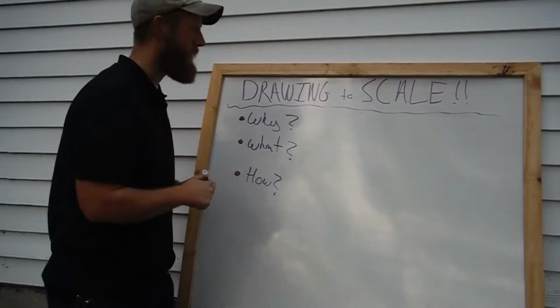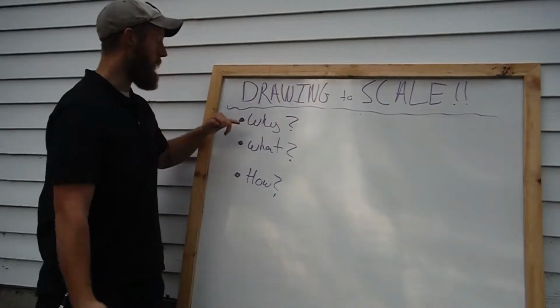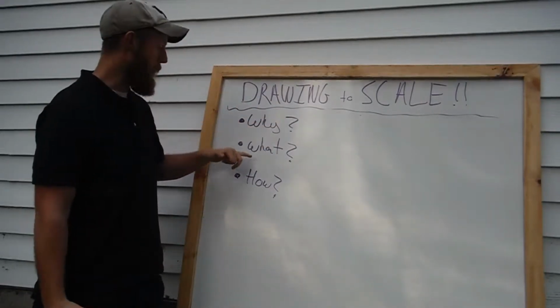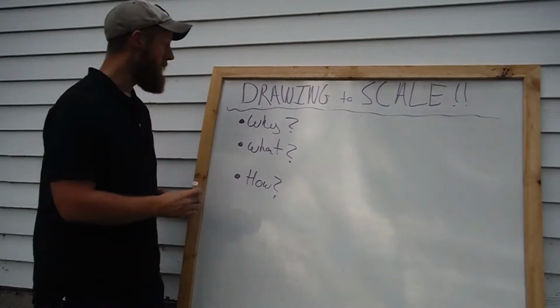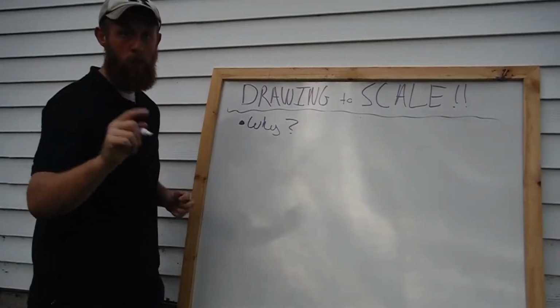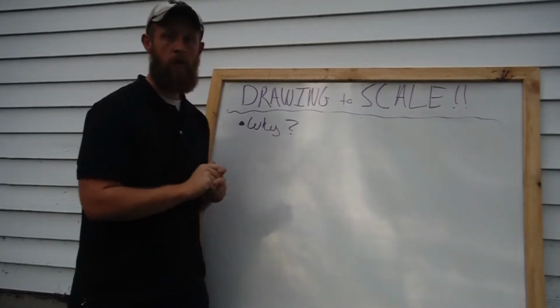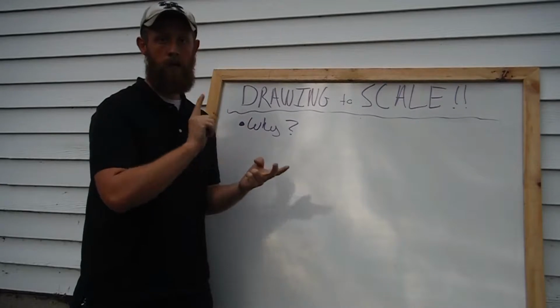Yes. Positive, good. Alright, so today's video is all about drawing to scale. We're going to talk quickly about why that's important, what that means, and how we do it. So, real quick, start with the why. It's important for two reasons. One is so you can accurately communicate between the builder and the planner.